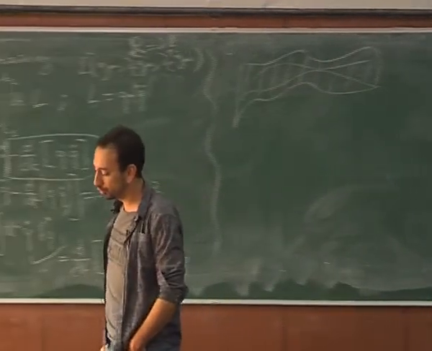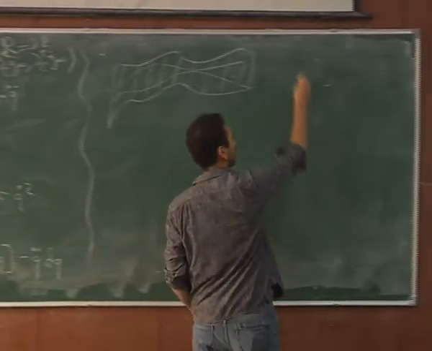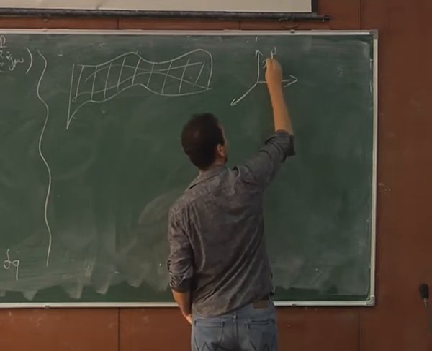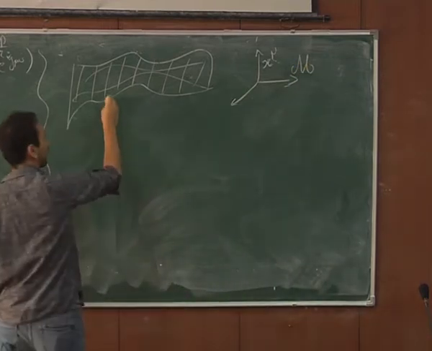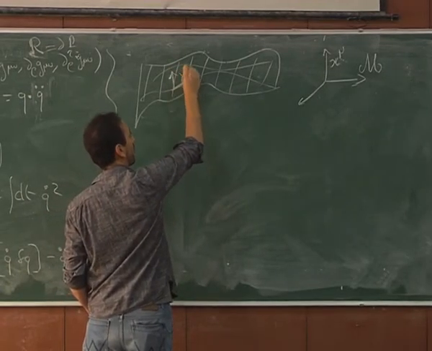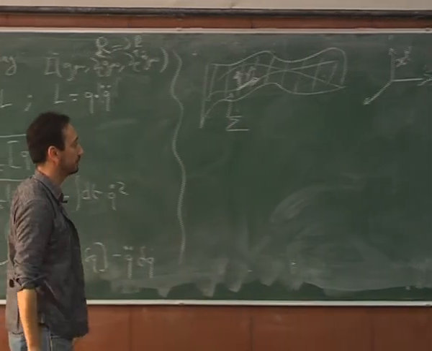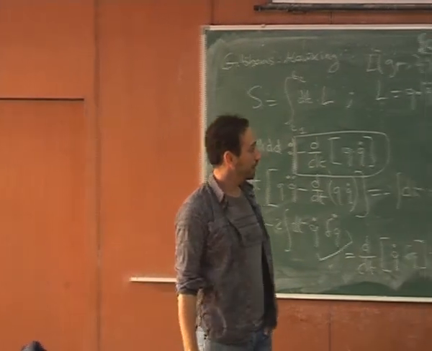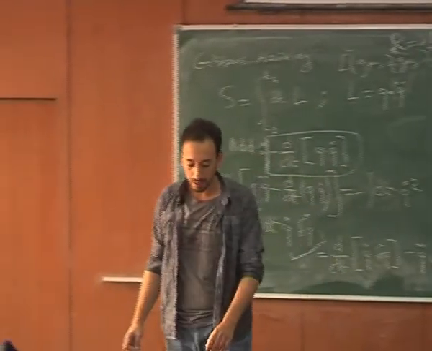So just for notations, I will define the full space-time here with some coordinates x mu, and I will call this space-time M. And this hypersurface, I will put some coordinates on it, which I will call y. And this hypersurface, usually we write it as sigma. Okay. So M is equipped with some coordinates x mu, and sigma is equipped with some coordinates y.